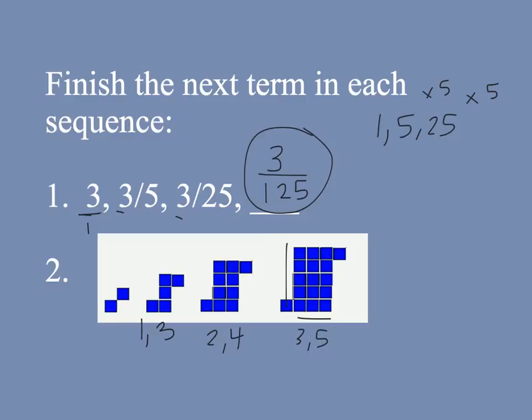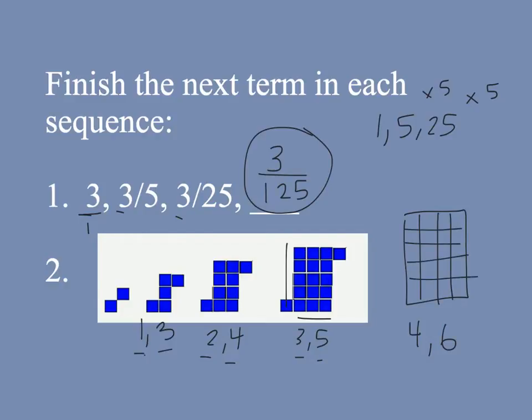So if I have 1, 3, 2, 4, 3, 5, 1, 2, 3, 4, and then 3, 4, 5, 6, this next one has to have 4 columns and 6 rows. 1, 2, 3, that one only has 5, so I need to add another one. And then it has these little 2 spokes off the side for each one. So it's a little spoke, little spoke.